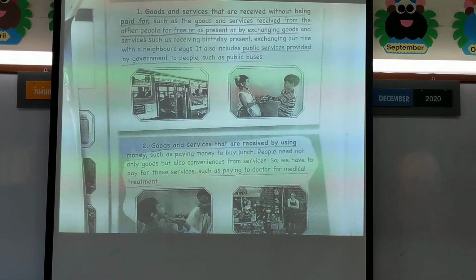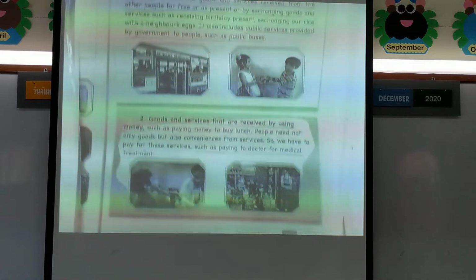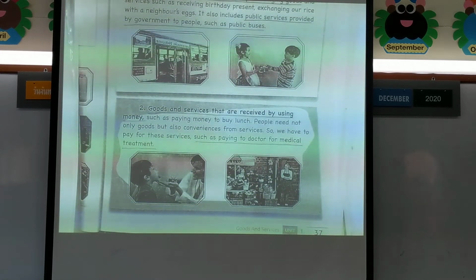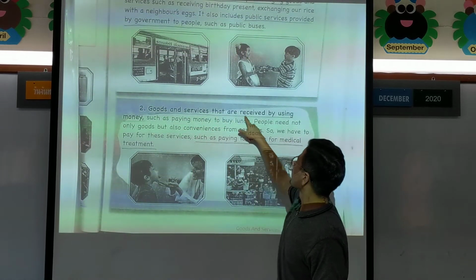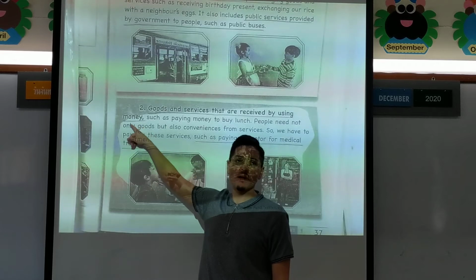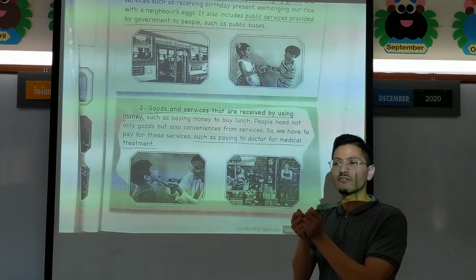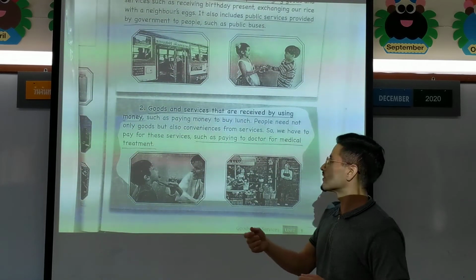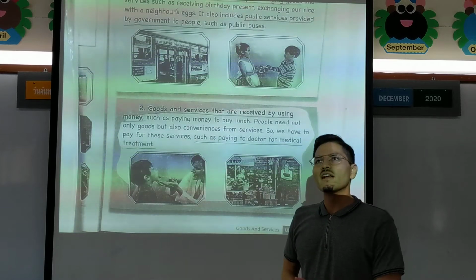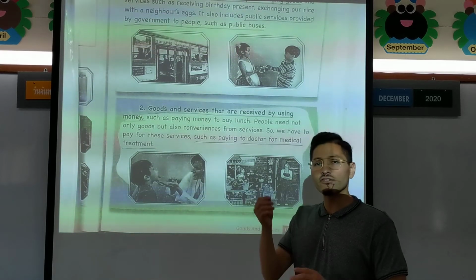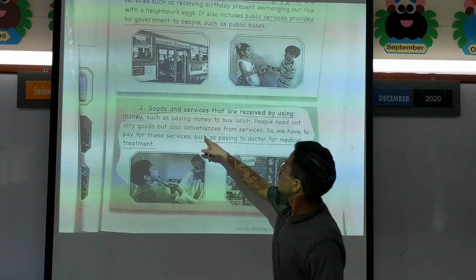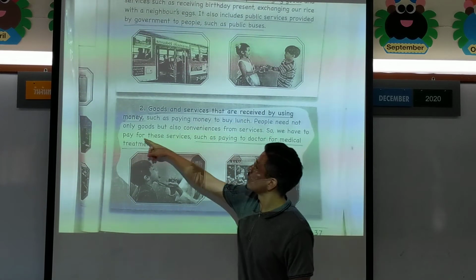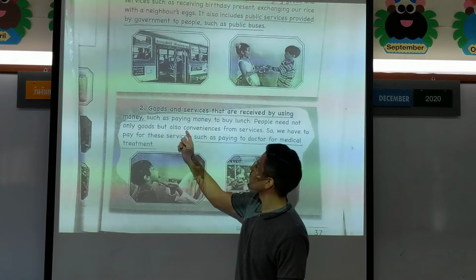So if we look here, now we have goods and services that are received by using money. So this is, you have to buy the goods and services. If I want to eat lunch, I have to use my money to buy it, right? So we have here convenience stores.